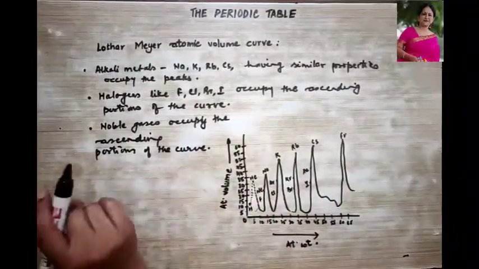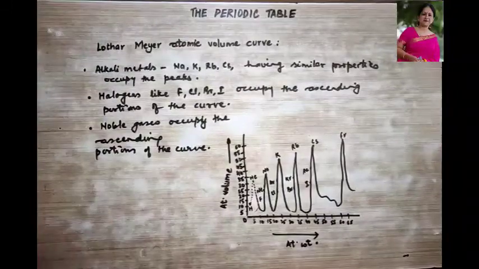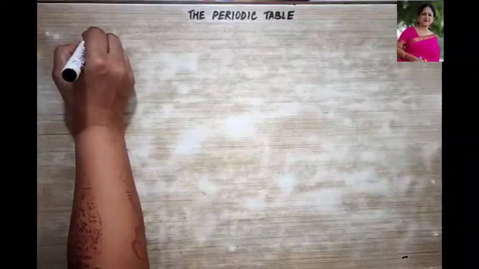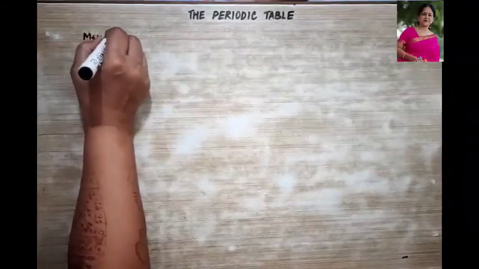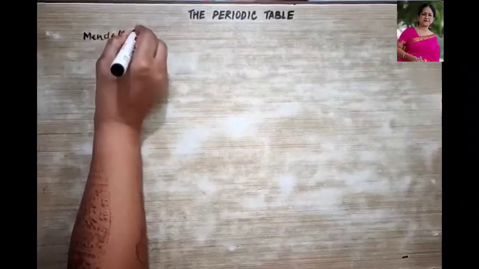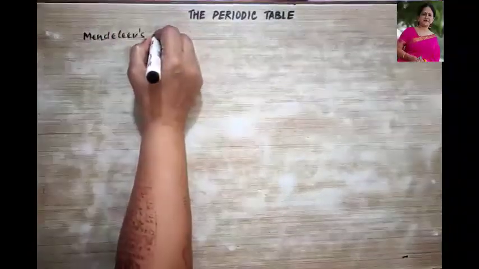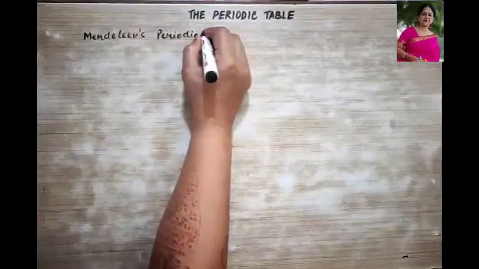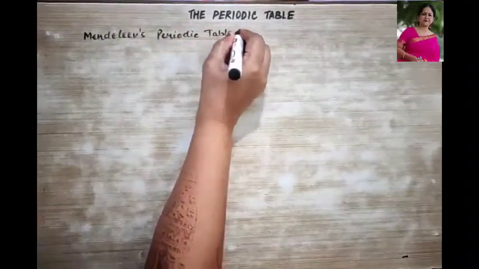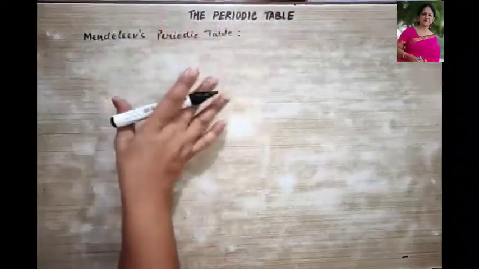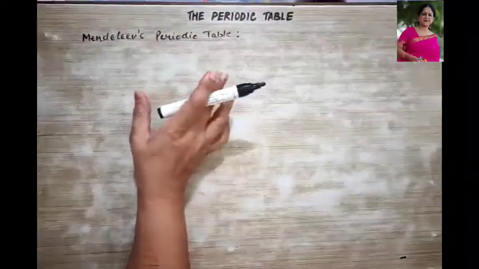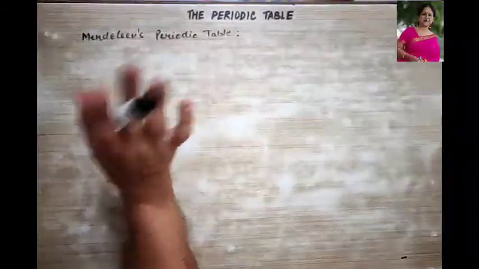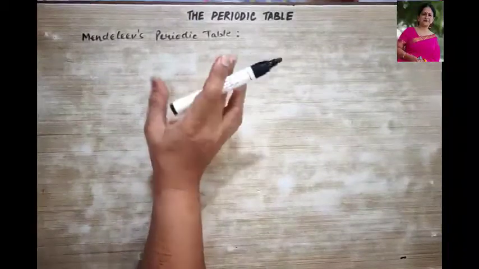Then came Mendeleev, the next scientist who worked. So let us study now Mendeleev's periodic table. He had great insights for the periodic table. What do we mean by insights? He had proposed many important points about the periodic table.